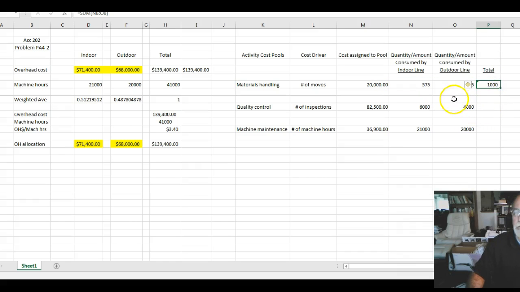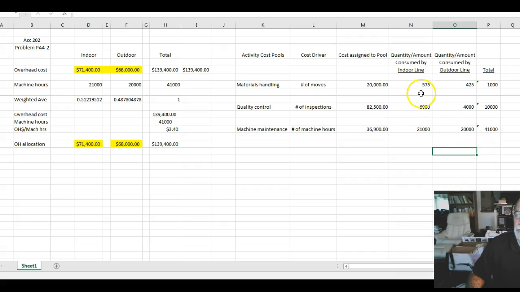So we've got 1,000 material handling moves, and we have 10,000 quality control inspections, and 41,000 machine maintenance hours, machine hours.